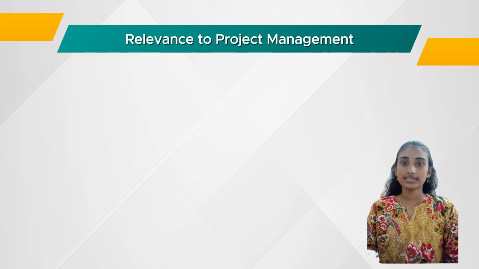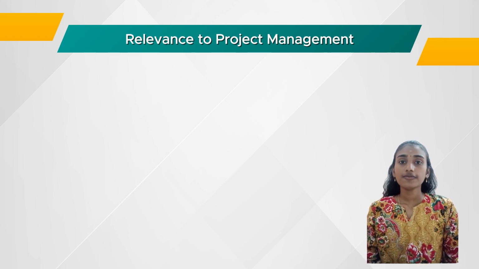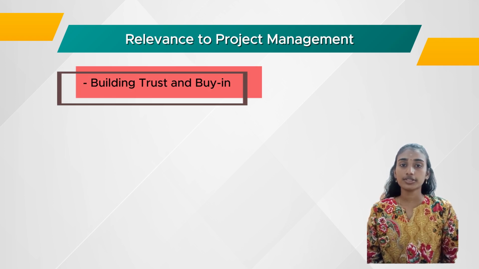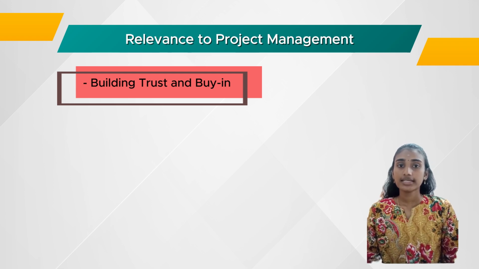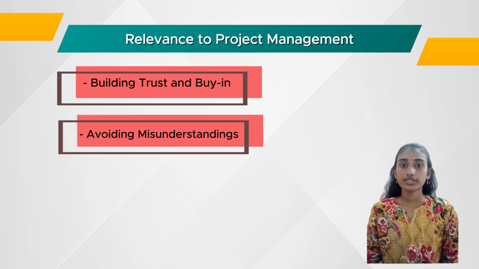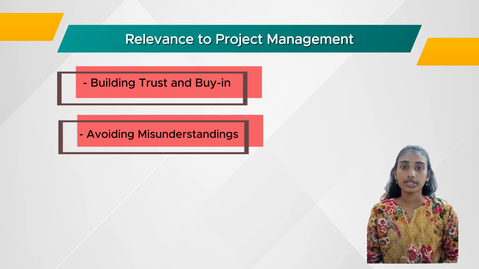Now let's discuss the relevance of stakeholder communication in project management. First, effective communication builds trust and secures stakeholder buy-in, which is crucial for gaining support and resources needed for the project. Second, it helps avoid misunderstanding by ensuring that all stakeholders have a clear and consistent understanding of the project goals, progress, and any issues that arise.